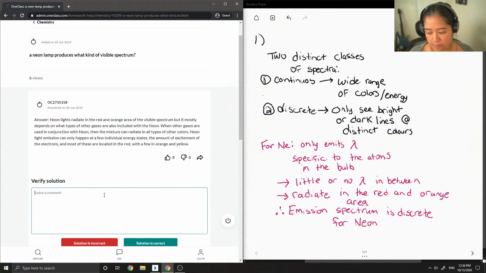Okay, so I'm just going to verify this solution. The answer is correct. I'll also add that the emission spectra for neon is discrete and not continuous.